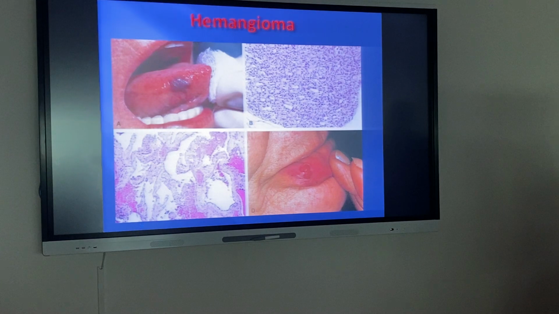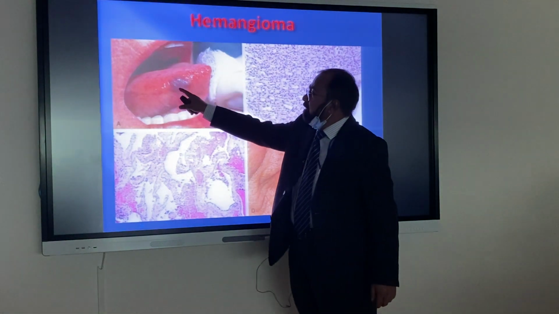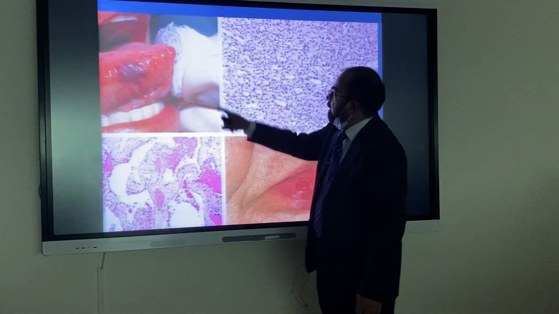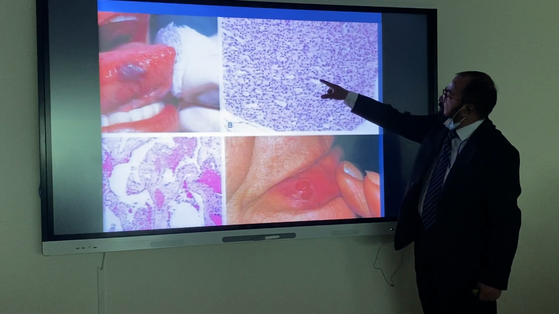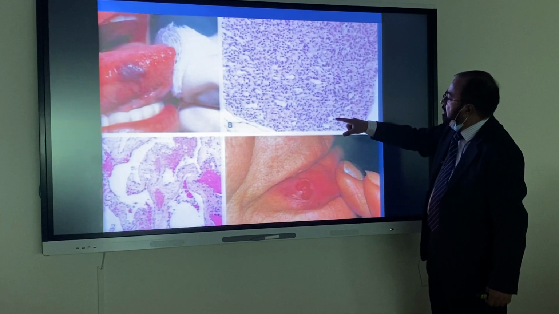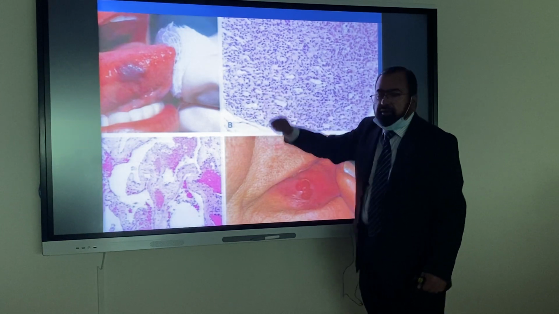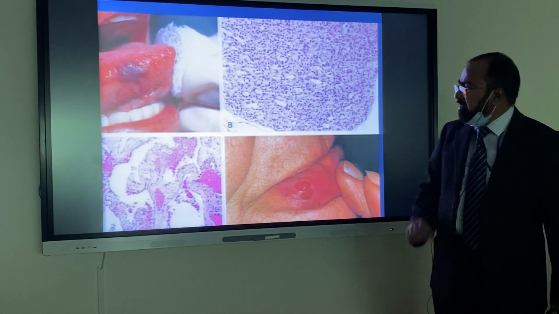So this is how it looks like. Basically, this is a true hemangioma on a tongue. And if you look under a microscope, you can see small capillary-like vascular channels which are lined by endothelial cells, right? Very small capillary channels.